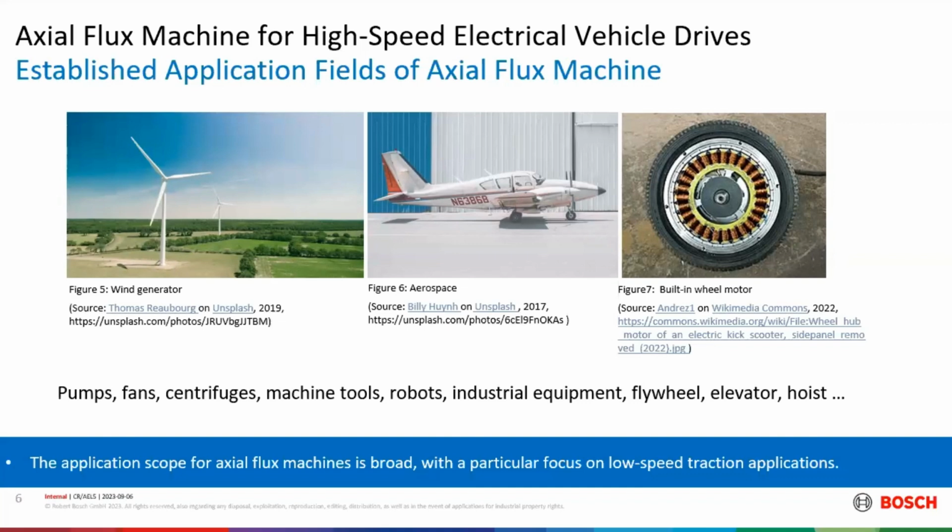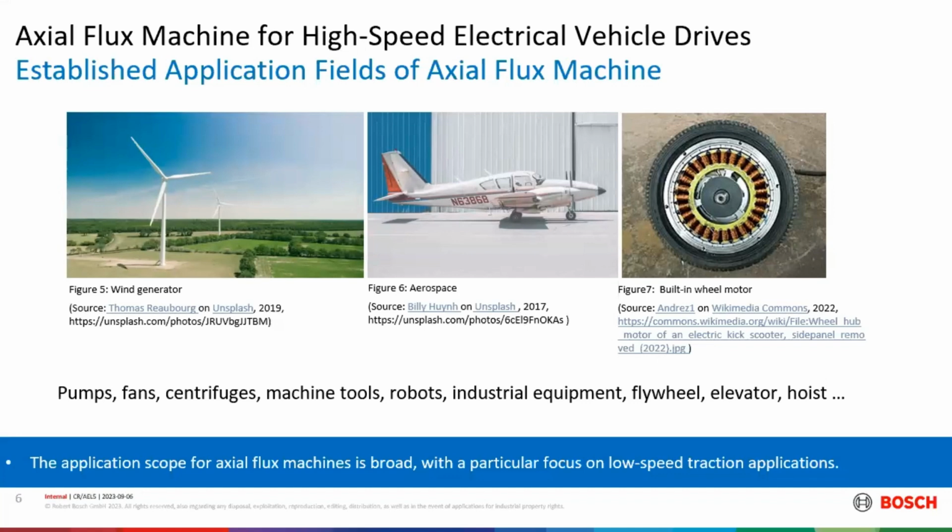And axial flux machines also find utility in in-wheel motors. I couldn't find any license-free picture with an axial flux machine in the wheel, so it is showing you a radial flux machine. But due to its compactness and unique pancake shape, axial flux machines are very suitable for in-wheel motors, not only for high-end electric vehicles, but also for two-wheelers.